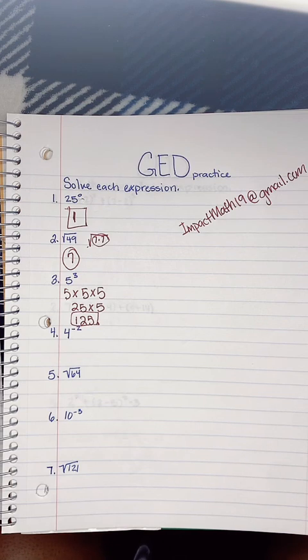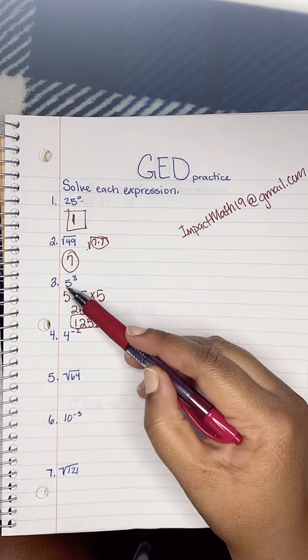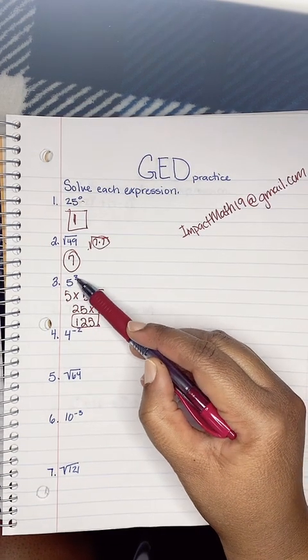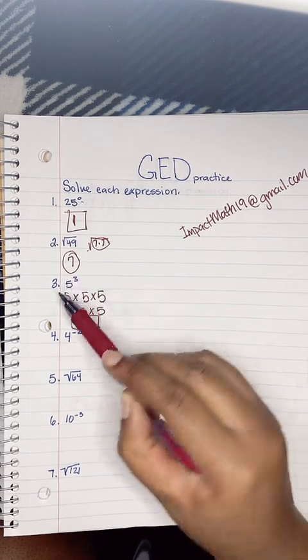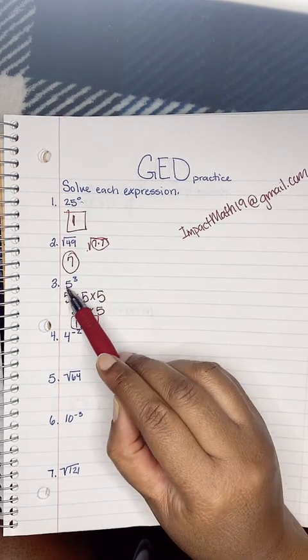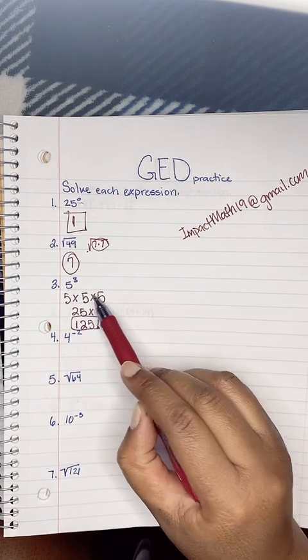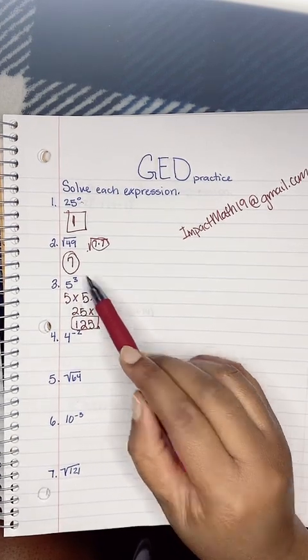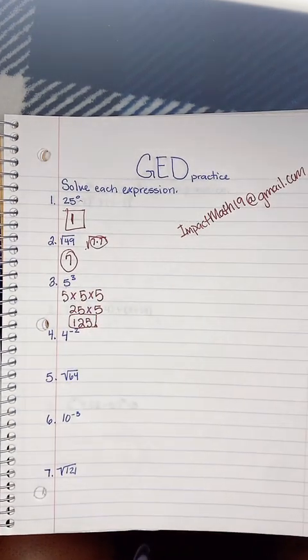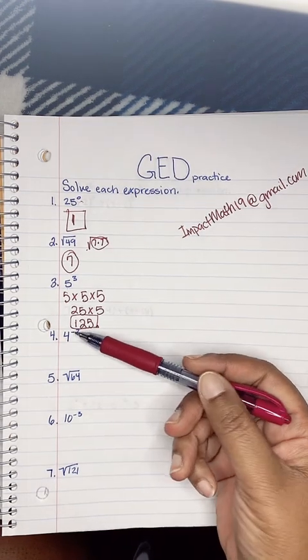Yes, good. I see those 125s coming in. So this is an exponent, you guys. It's a power, which tells you how many times to multiply this base to itself. That's why we did it 3 times. I hope that makes sense, okay? Somebody said PEMDAS flashbacks. Yes, that is true.